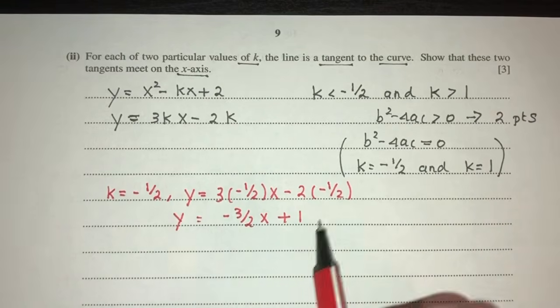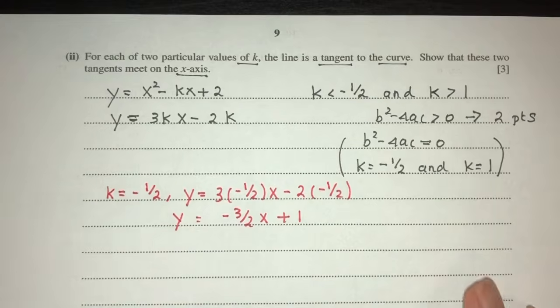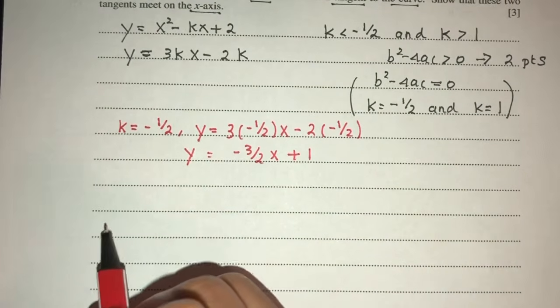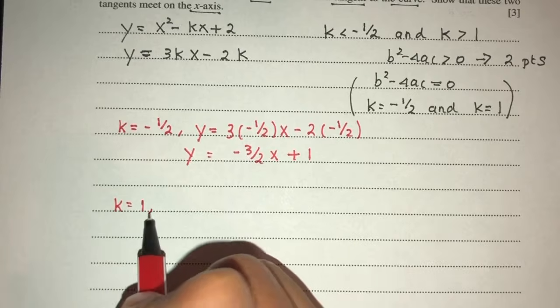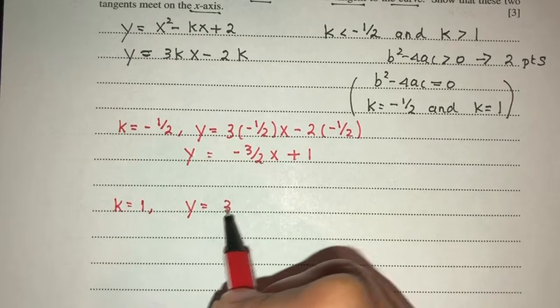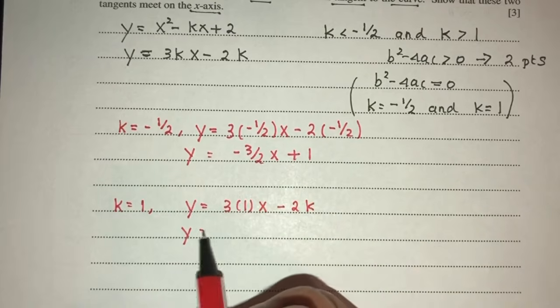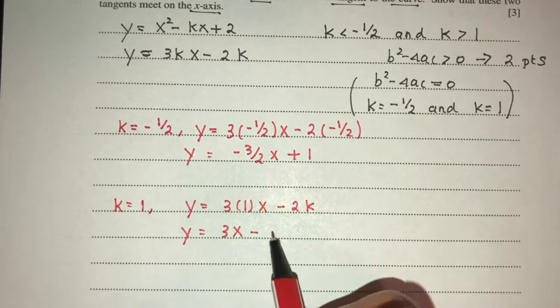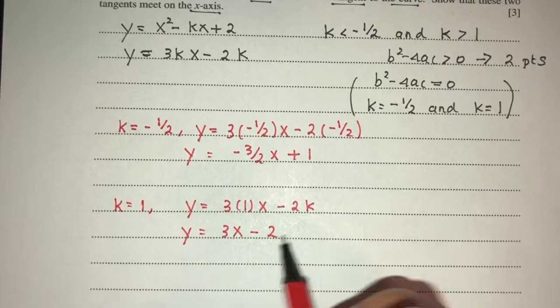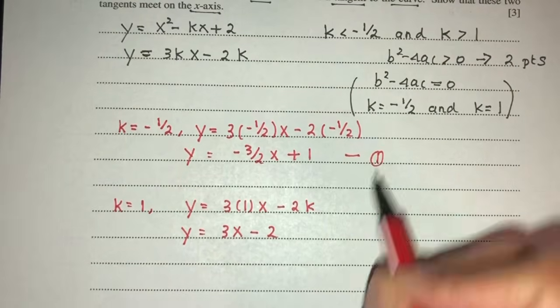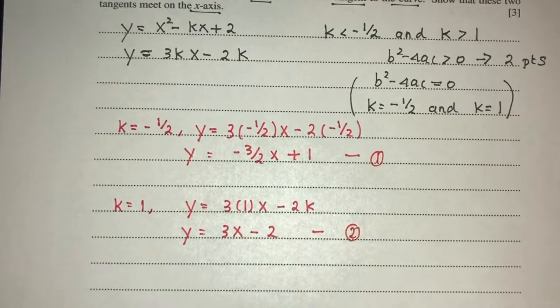That is your equation of tangent when k is equal to this. Now next one, when k is equal to 1, your value of y will be 3 times 1 x minus 2k. So y is equal to 3x minus, k is 1, so minus 2. That will be your first equation. That will be your second equation.